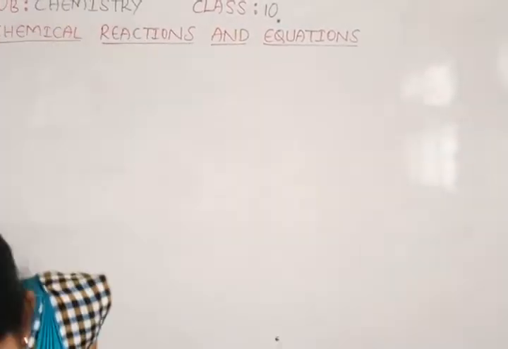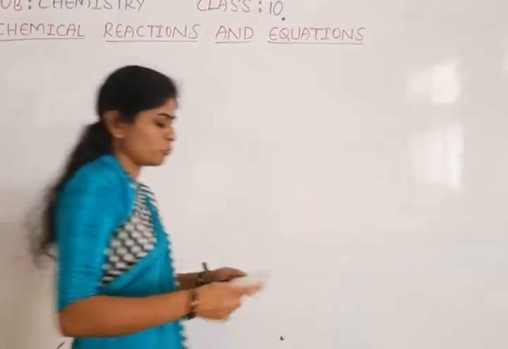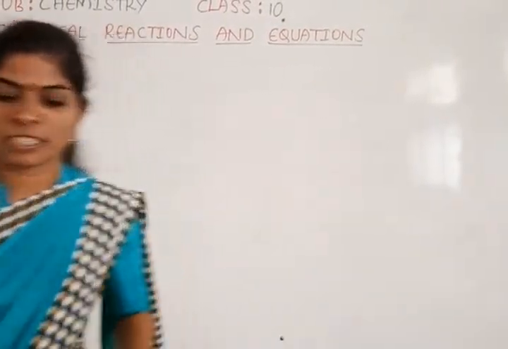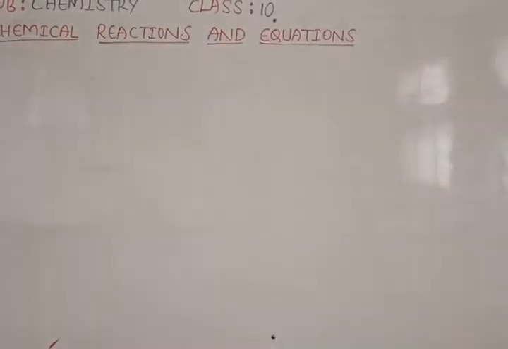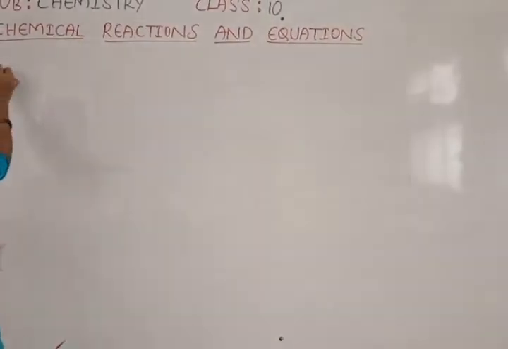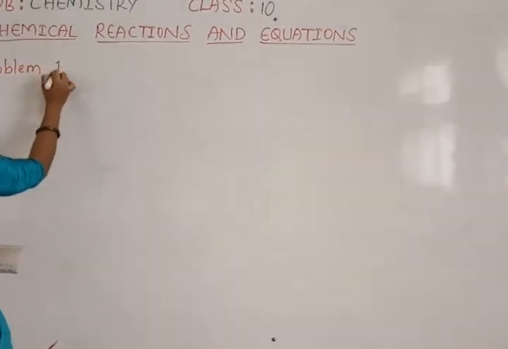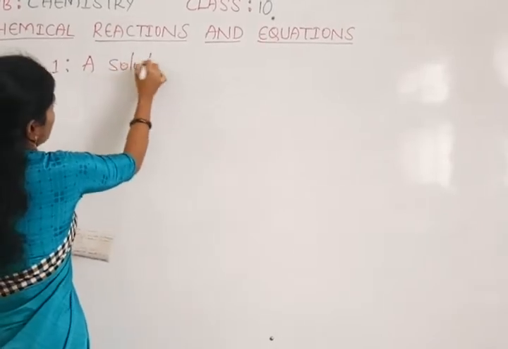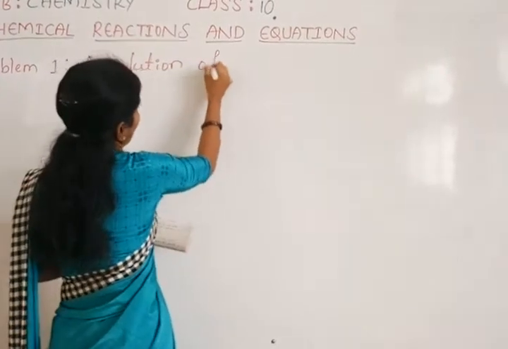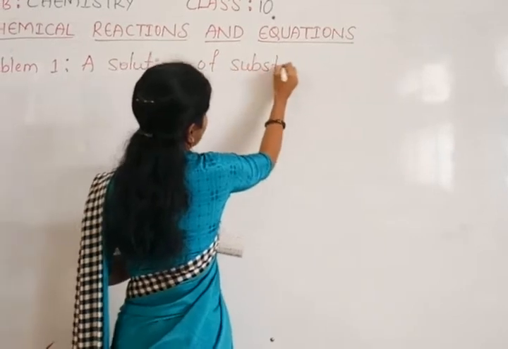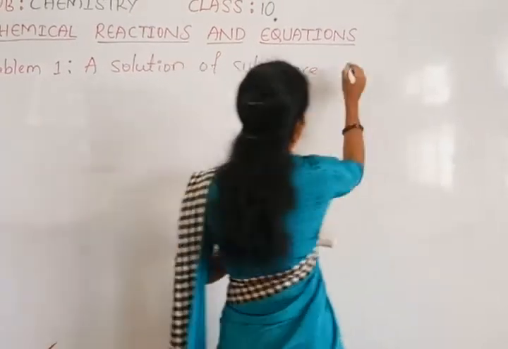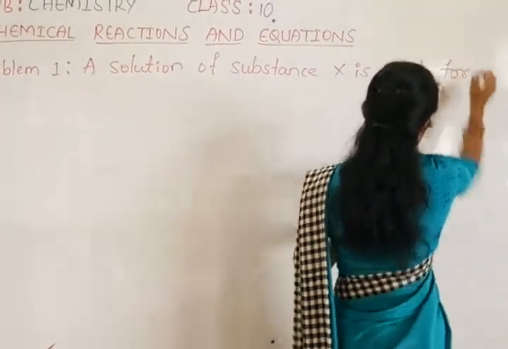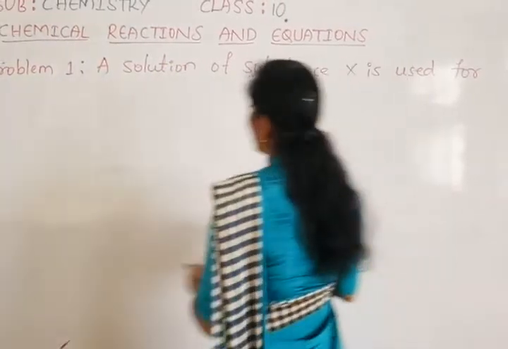See, I have 2 questions here. For the first one, I will write it on the board. You can just make a note of this. Problem number 1. A solution of substance X is used for whitewashing.